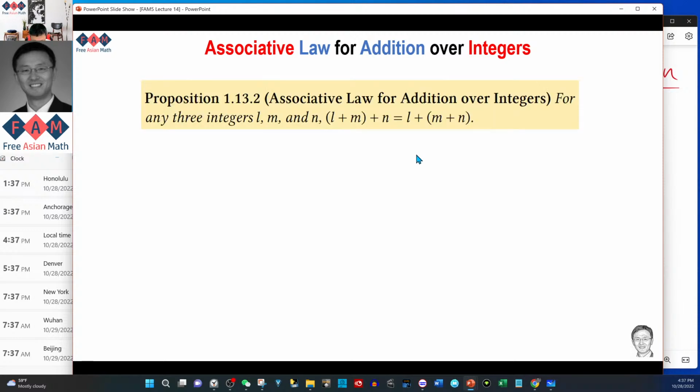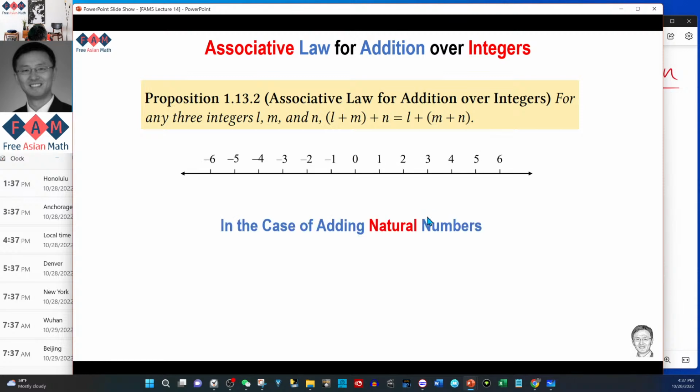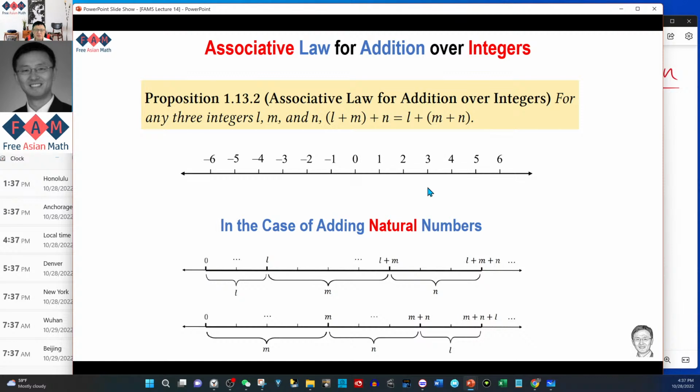In that case, when all the three numbers were natural numbers, we were able to do some concatenation of line segments, right? We have three numbers, L plus M plus N. We actually grouped the last two, or the second and the third one first, to do that concatenation.